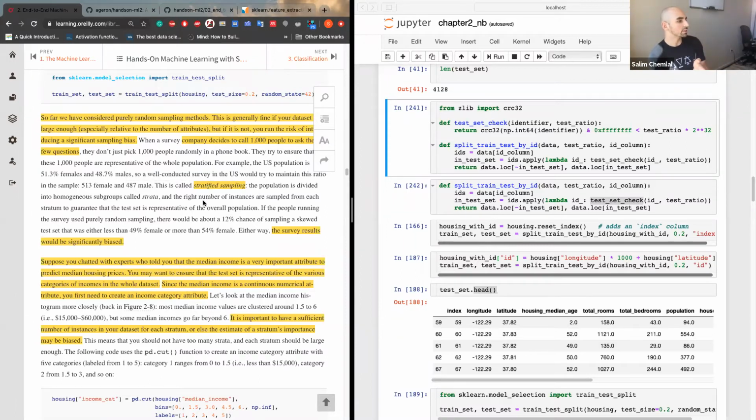Okay, called strata, that's the definition.